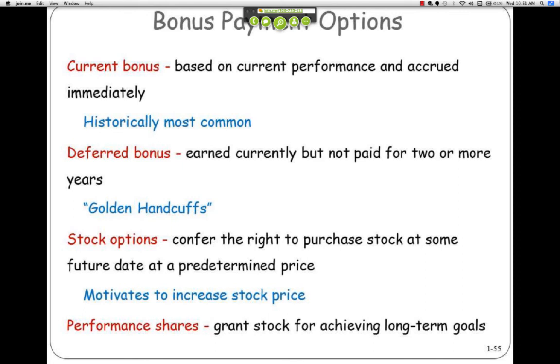If the stock is underwater, meaning it's below your price, you're not going to buy it. So you want to make sure the stock is higher, because you can buy it and then turn around and sell it immediately, and that difference becomes instant profit for you.